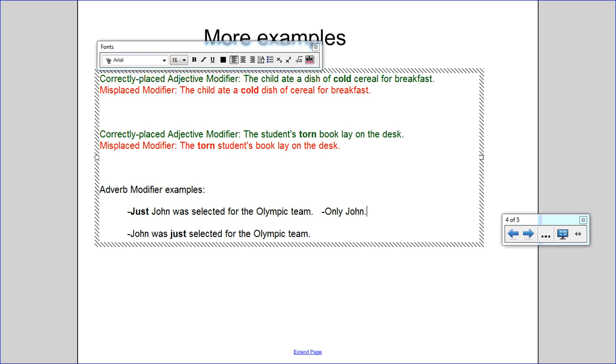So John was the only one selected to the Olympic team. In the second sentence, using the same modifier placed differently, it says John was just selected for the Olympic team, meaning just now, just recently, John was selected for the Olympic team. So you can say two different things depending on where you place the modifier.